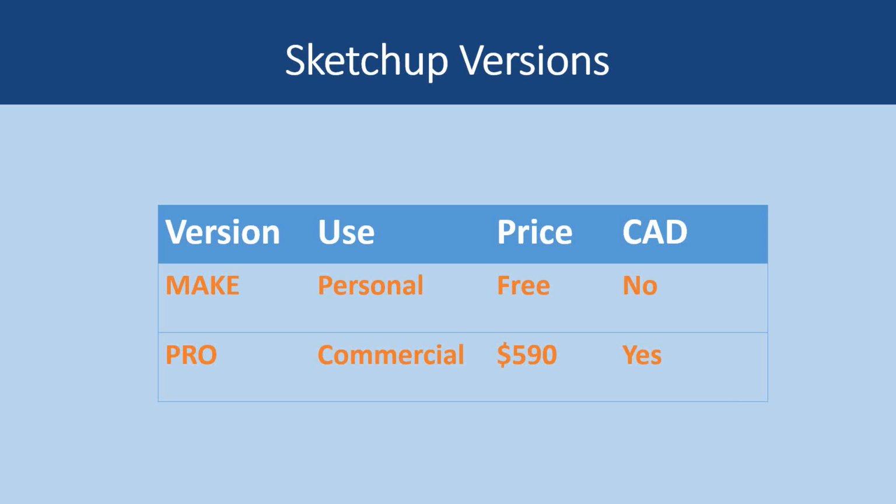There are differences between the Make and Pro versions aside from price. The integration with other CAD programs, like AutoCAD, or even Solid Edge or Pro-E, or these other mainstay CAD programs, are limited in the free version. I'll explain what that means as we move forward.